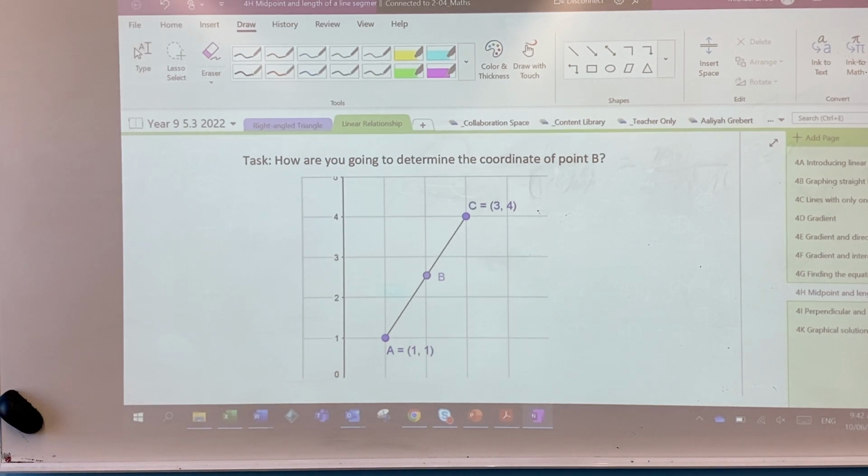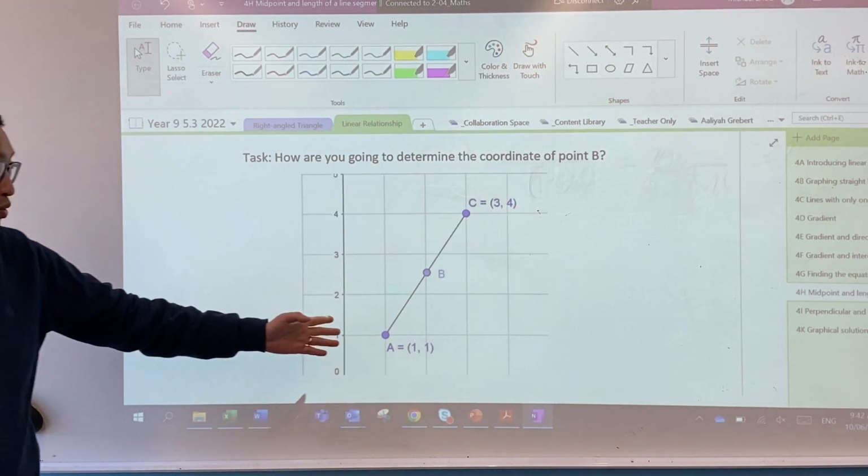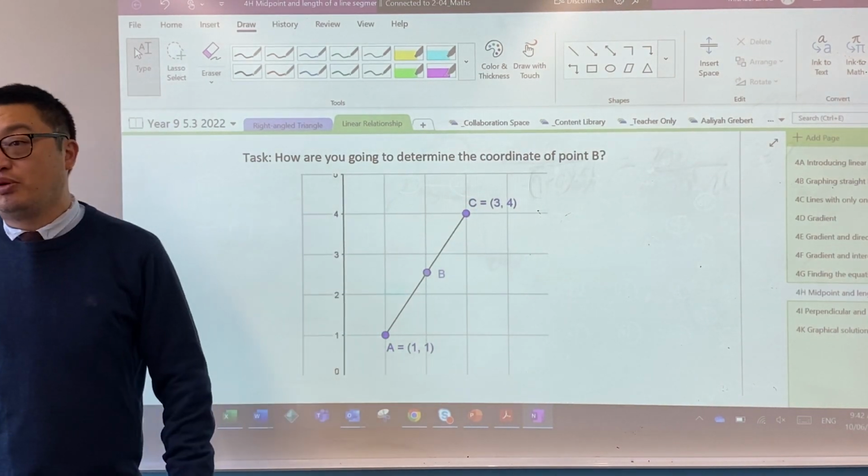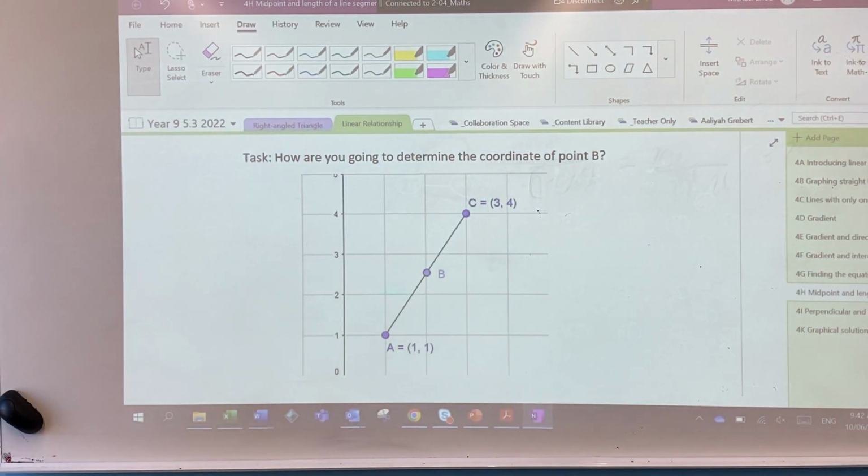Let's have a look. I got one point, and I got another point. I want to find the middle point. As the name suggests, it is just average. However, in order to do that, I must separate the x and y. I can't mix them, right? So let's call this x1, y1, and this x2, y2.